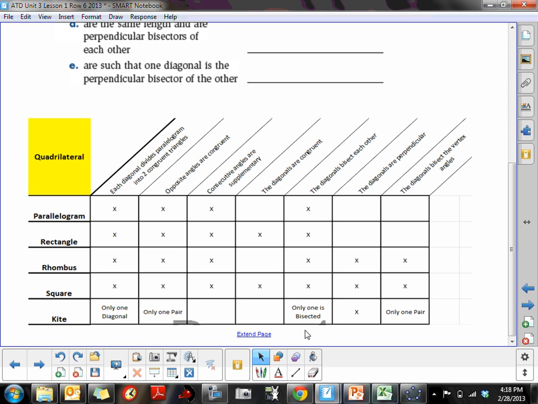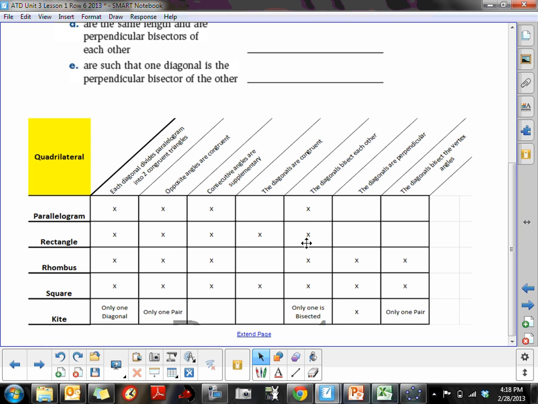But there's only one conclusion that would guarantee that you have the answer right. What is the one figure that wouldn't have any other special characteristics about it? To me, that brings me back to a parallelogram. If I know the diagonals bisect each other, it has to be a parallelogram.